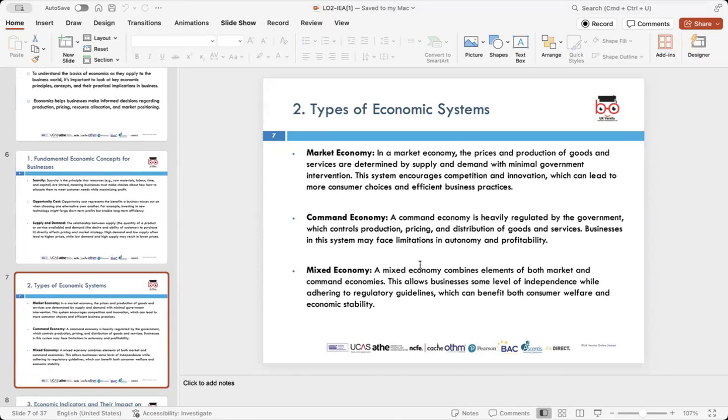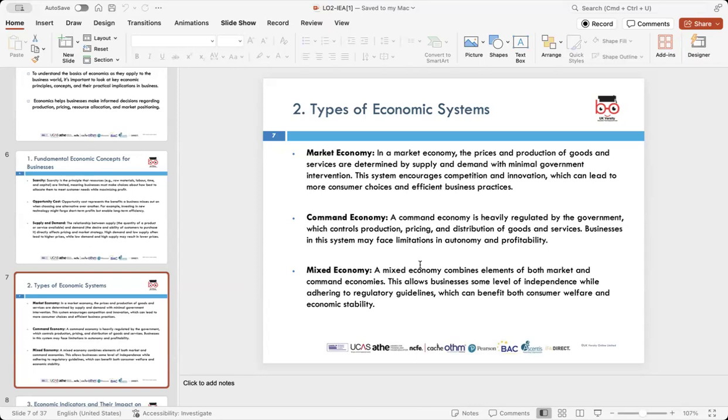Right. Types of economic systems. Market economy: in this system, businesses and consumers drive the economy actively. Prices and production levels are determined by supply and demand with minimal government interference. This creates an environment where competition thrives, leading to innovation, better product quality, and more choices for consumers.